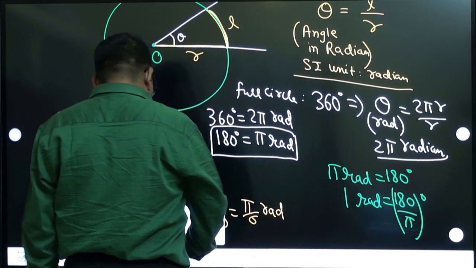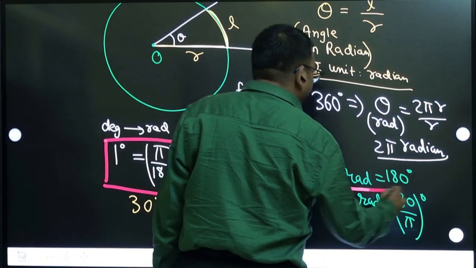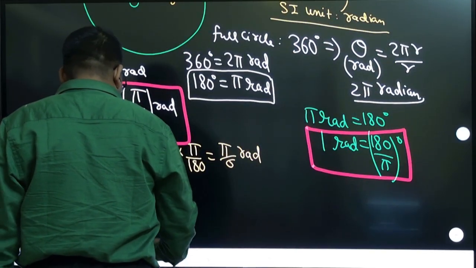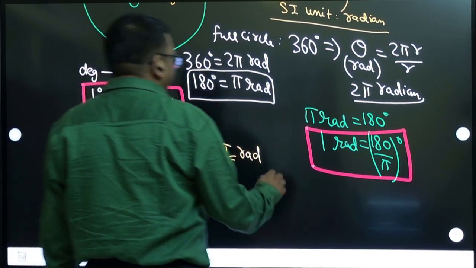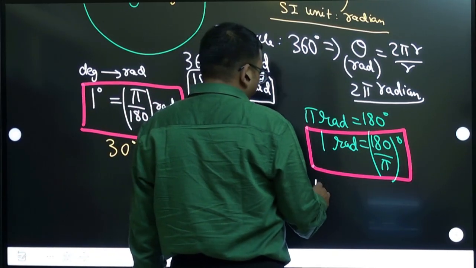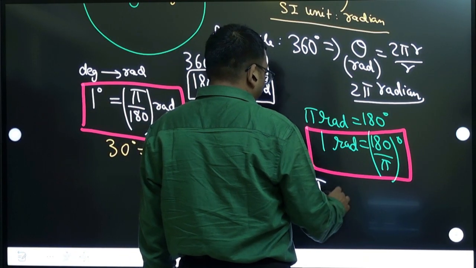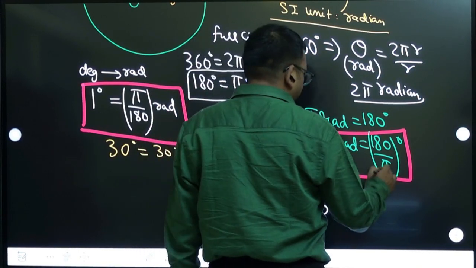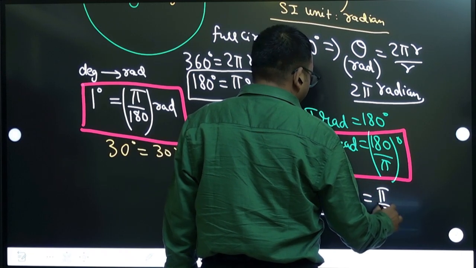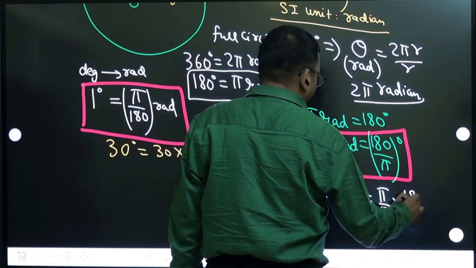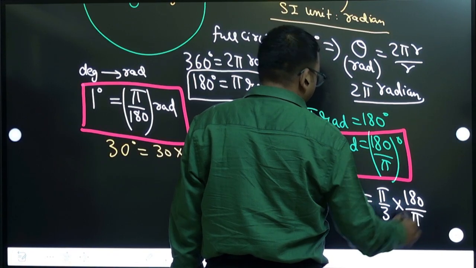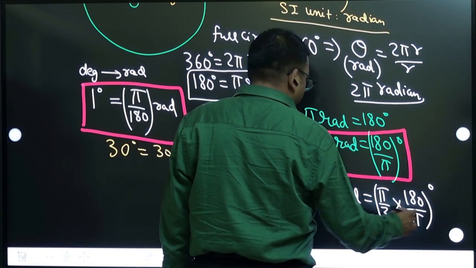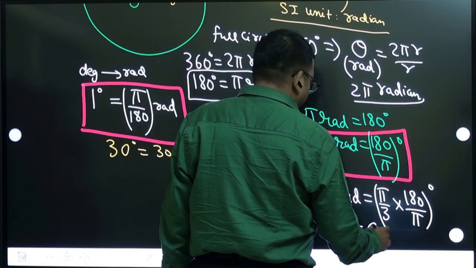For example, if I want to convert pi by 3 radian into degrees, I will multiply pi by 3 with the factor 180 by pi, and I will get the answer in degrees. Things cancel, and it becomes 60 degrees.